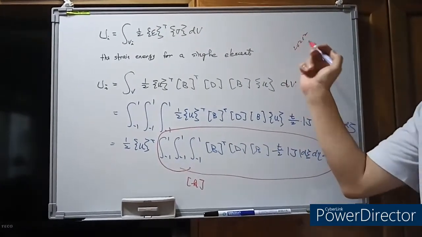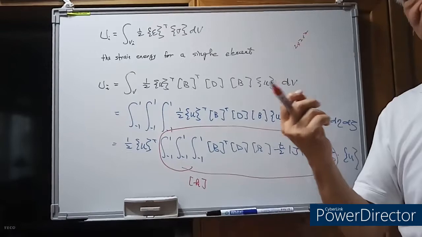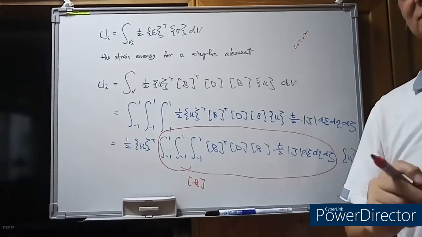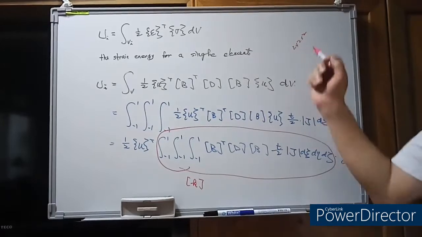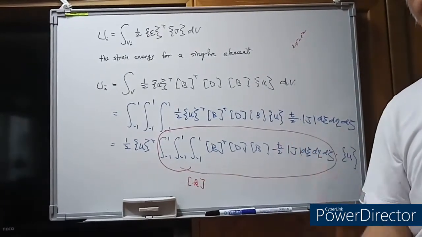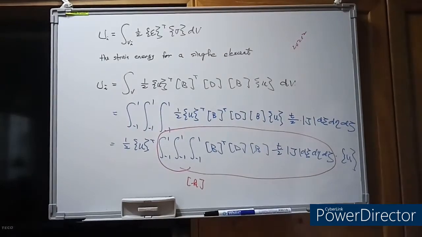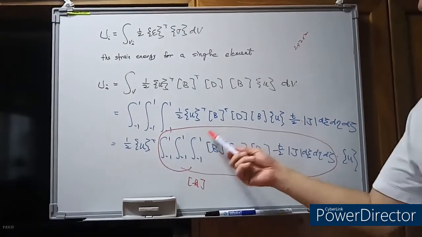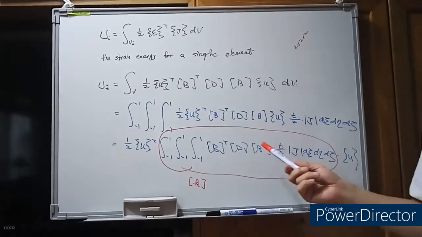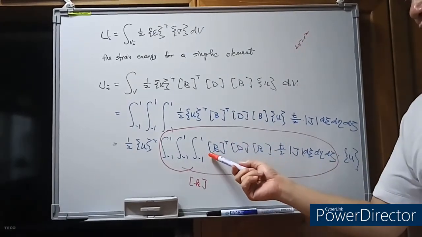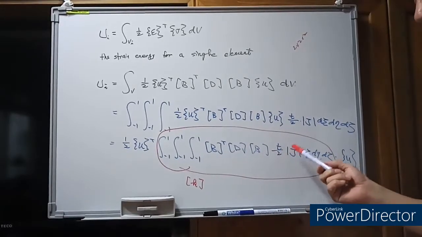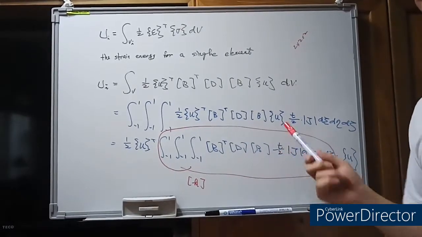Also for the eta values, we will take two different values. Also for the zeta values. So totally we have 8 integration points, and you need to calculate the integration functions for all these 8 points. The integration function includes B transpose D B times t divided by 2 multiplied by the Jacobian.